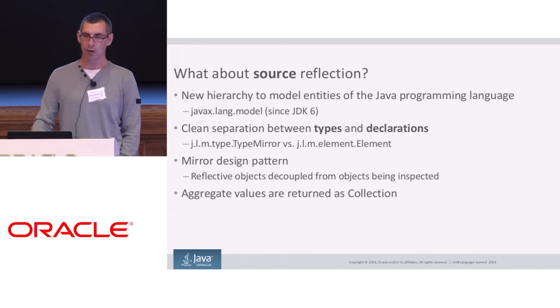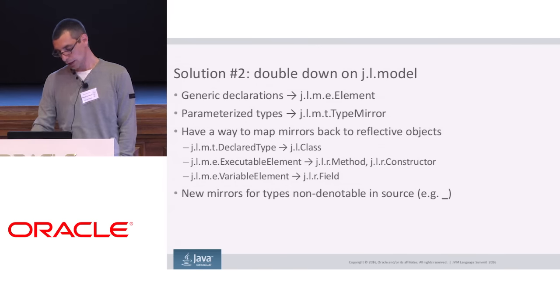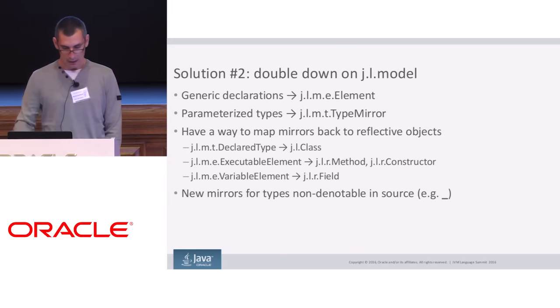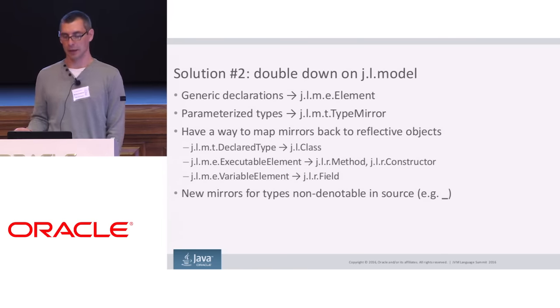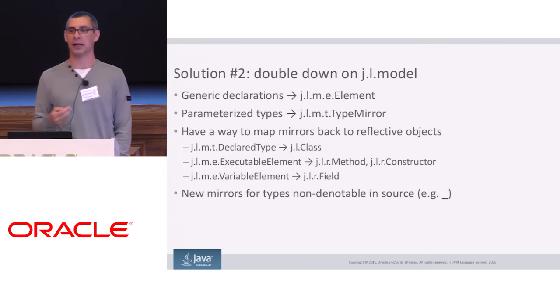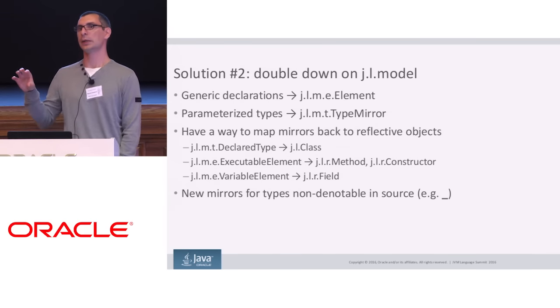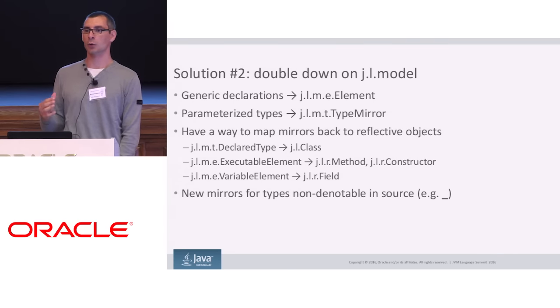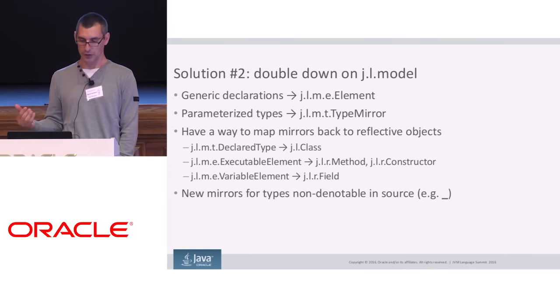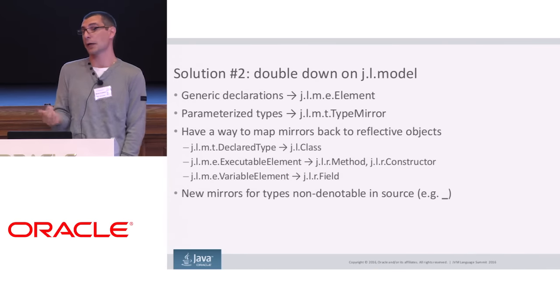Can we build Valhalla reflection on top of this? I think we can. We can define a mapping, so a generic declaration will be some kind of element, a parameterized type will be some kind of mirror. We can also have some kind of compatibility layer so that we are able to map mirrors back into reflective objects. So for example, if I have a declared type, I can go back to a Class.